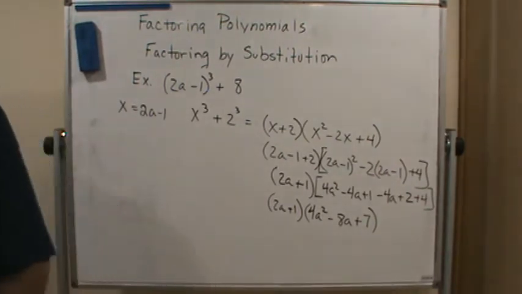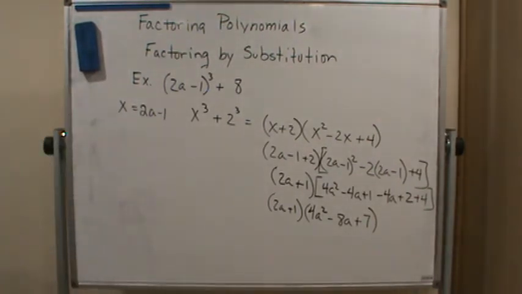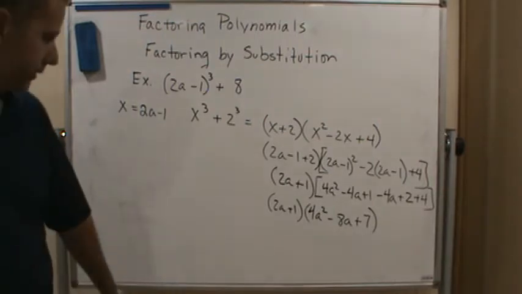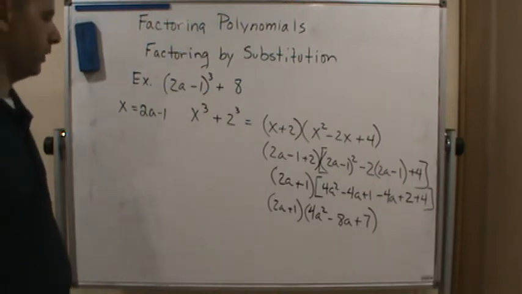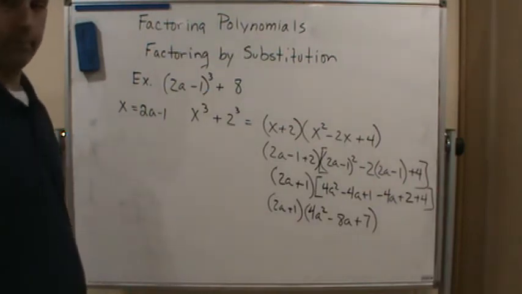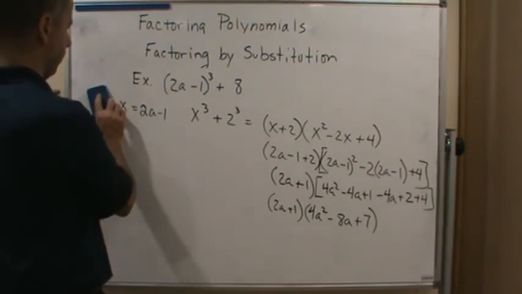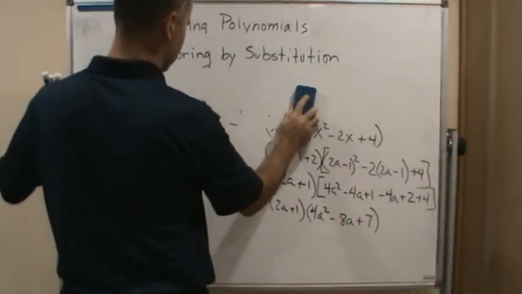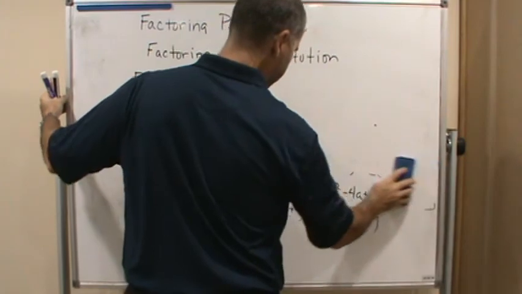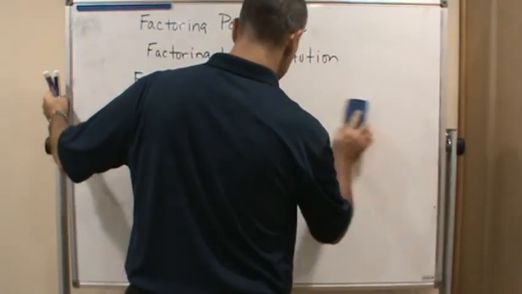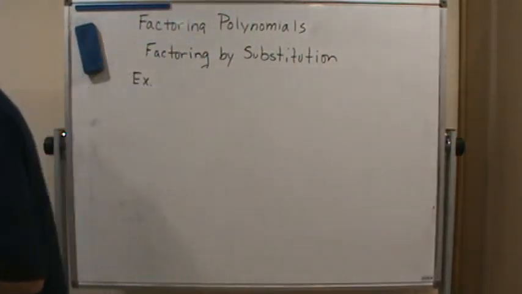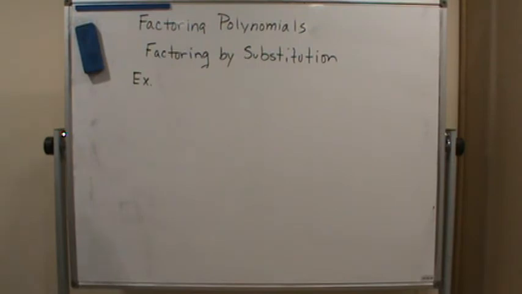Let me make sure that that's correct. That is correct. All right, we're done. That's it. So let's do another one. One more. That was part B. Let's do part C. So the last one is this.